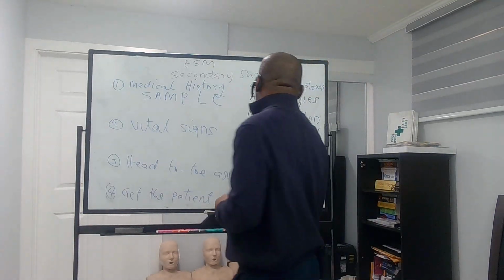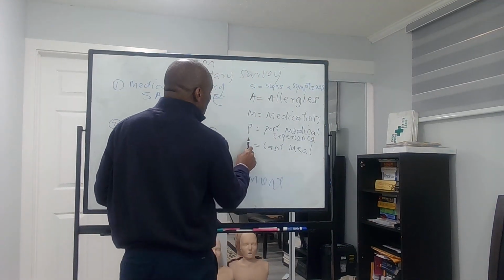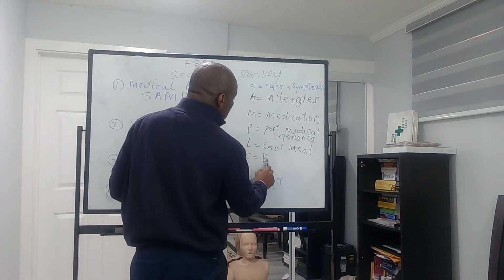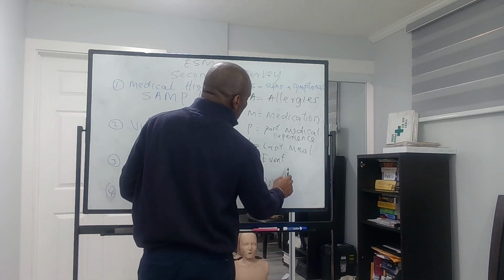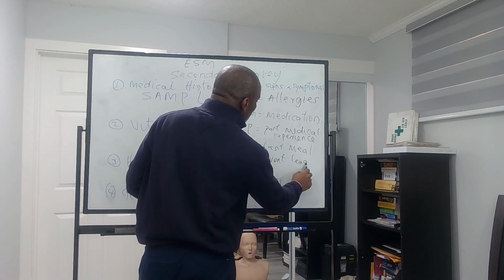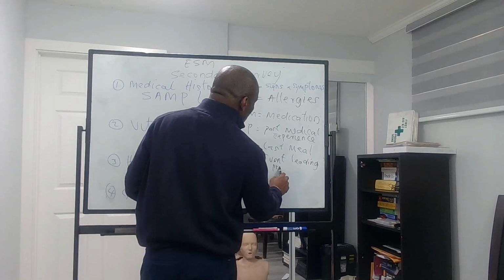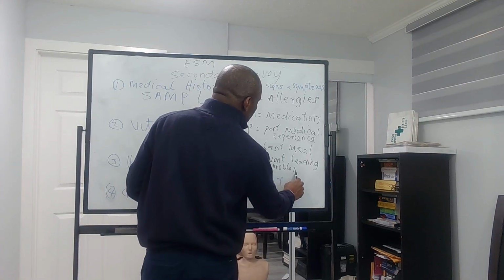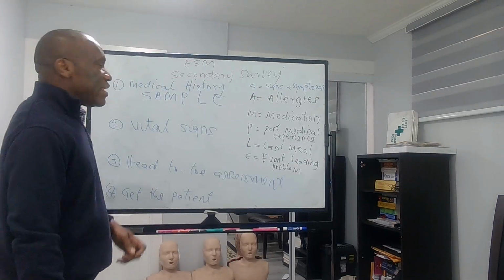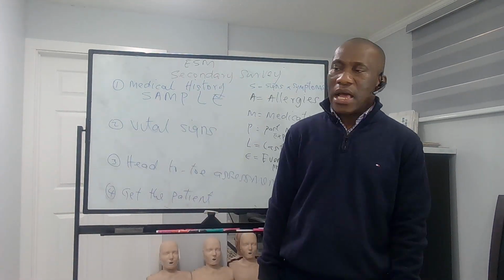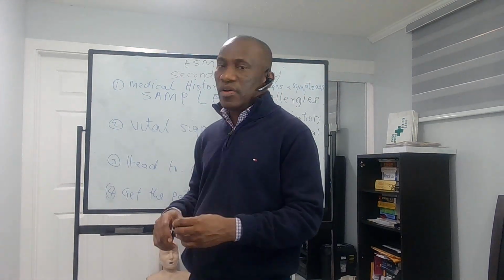Let your patient tell you. That is L. And then E is event leading to the problem, the event leading to that particular situation where your patient is at the moment. We call it the mechanism of injury. What actually led to that?